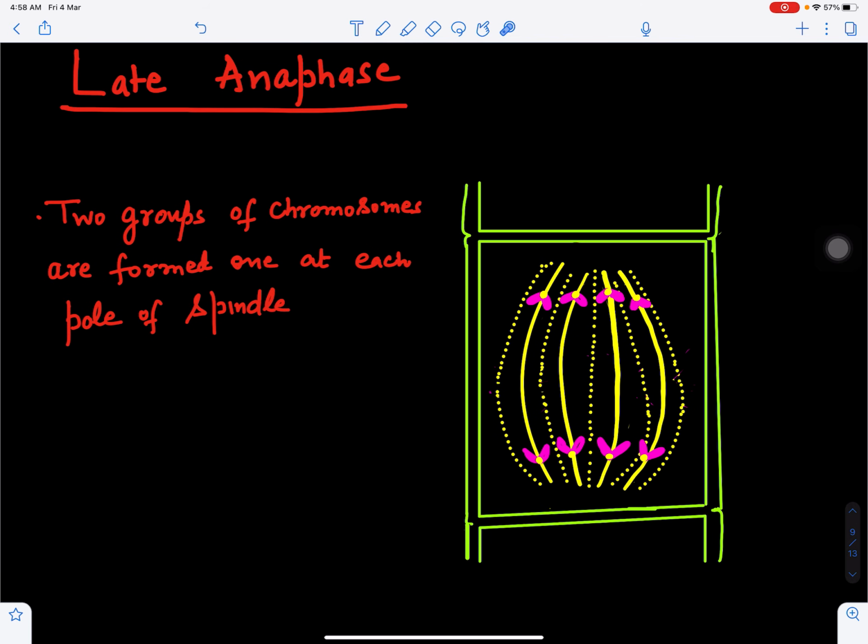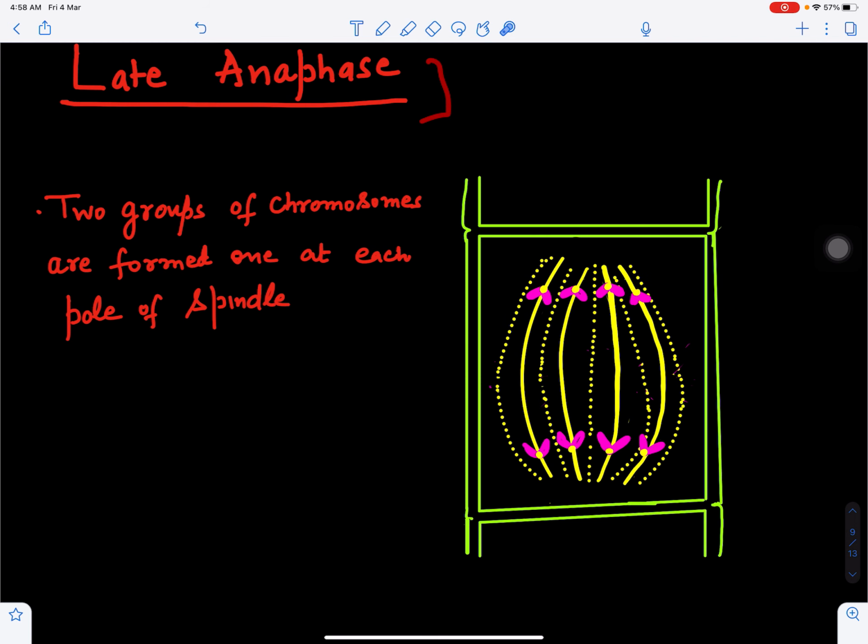Now in late anaphase, they will reach the poles because of the contraction of the chromosomal fibers toward the polar part. So these chromatids will move toward the poles of the spindle apparatus in opposite directions. So they are reaching the poles, right? So this is called late anaphase.